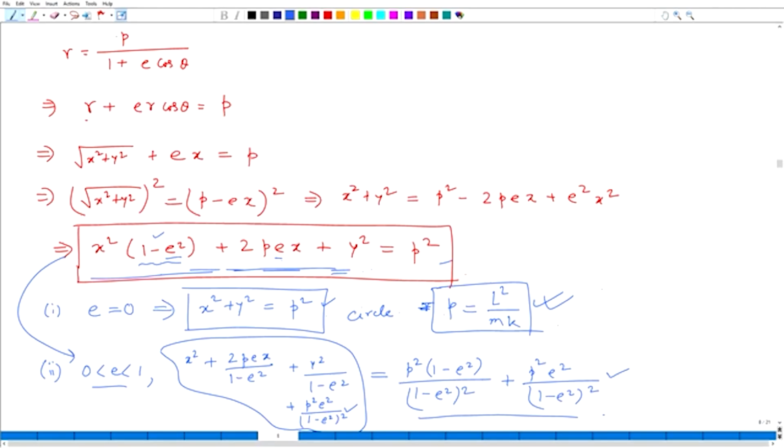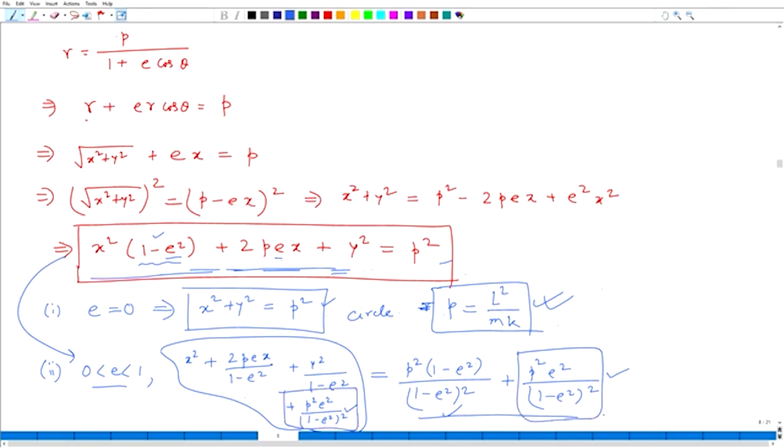So basically what happens is that you are dividing everything by first 1 minus e square. This gives you everything like this, and in the right hand side you will have p square by 1 minus e square, and then you multiply 1 minus e square in both numerator and denominator, then you will have this term, and then in both the left hand and right hand side you add this term and this term.